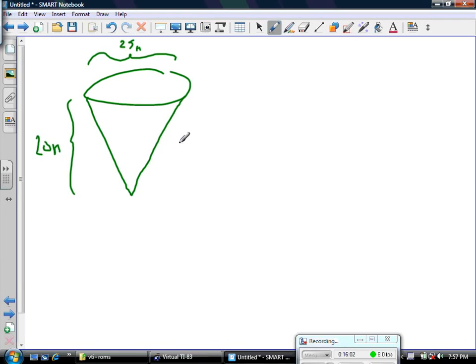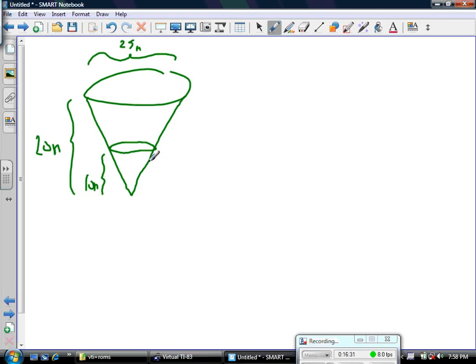And right now, it's filled only 10 meters worth of oil. My question is, how much work do you have to do to pump out all the oil to the surface, to the top of the tank? Forget about if you have to take it somewhere else, that's something else. But from where it is to the top of the tank, how do you figure out the work done?